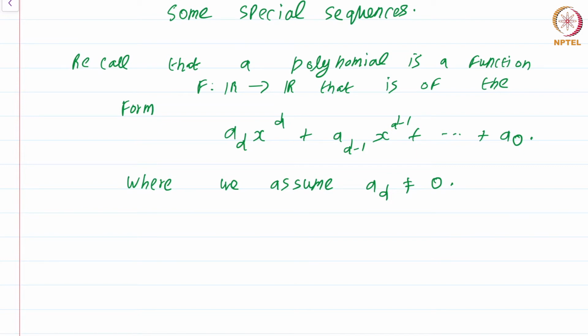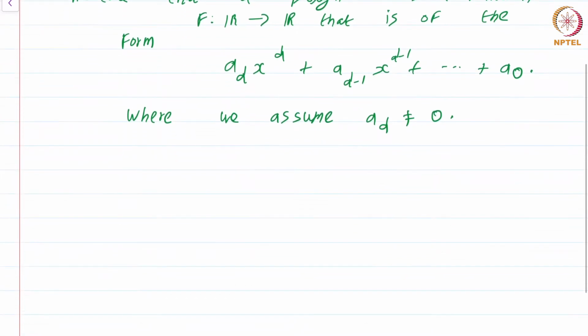Now, I'm going to do some studies of sequences that involve polynomials. So, first example. You might have heard of the colloquial expression that an exponential grows faster than any polynomial growth.